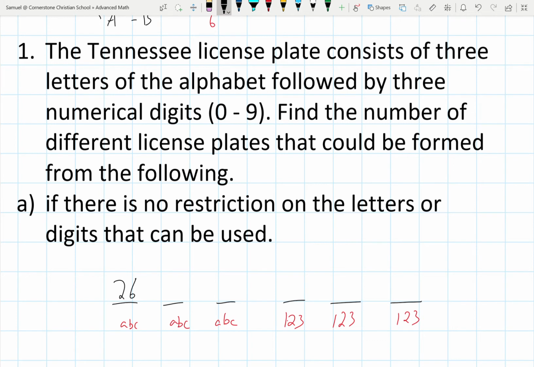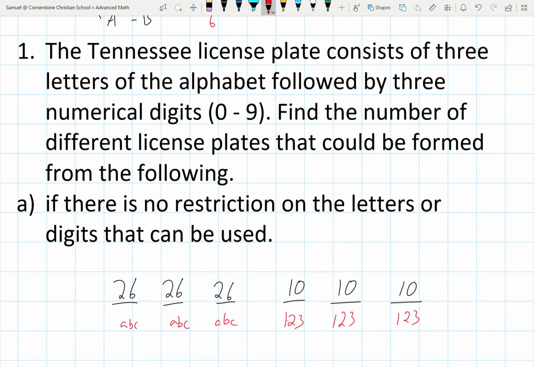For the second one, since I could have A again, I again have 26 options, and for the third, the same. Be careful on this one, since it is 0 through 9. That is, as I said earlier, 10 digits. So I have 10 options, 1 through 9 and 0 is included as well. And so I have 10 options on each of these.